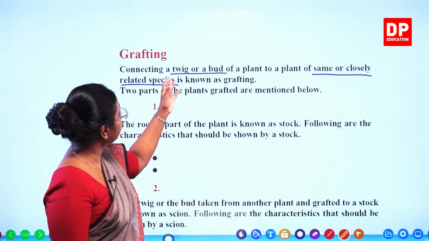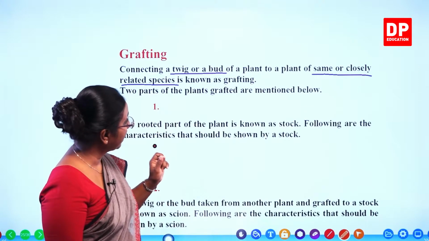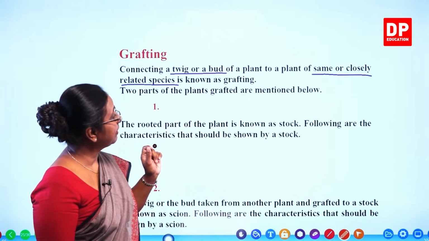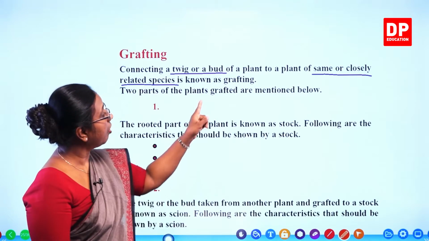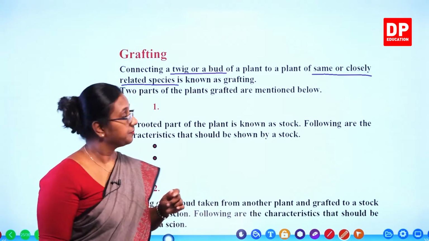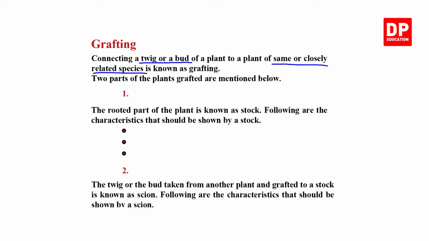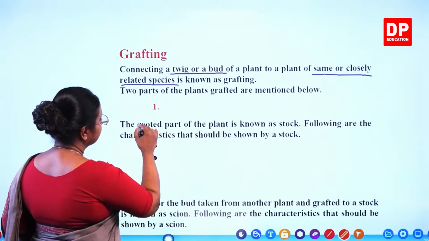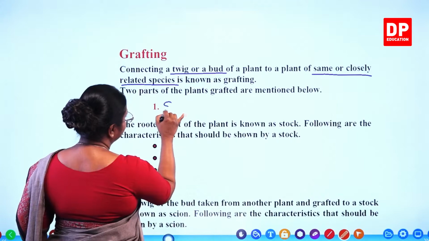There we can either use a twig or a bud, of the same or closely related species. Then, as I told you, there are two plants involved. Two parts of the plants grafted are mentioned below. One part is known as the stock plant.